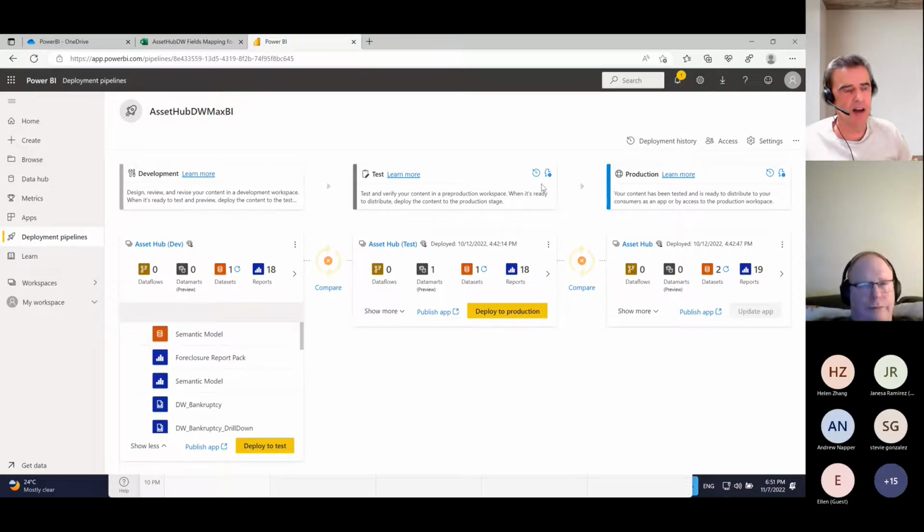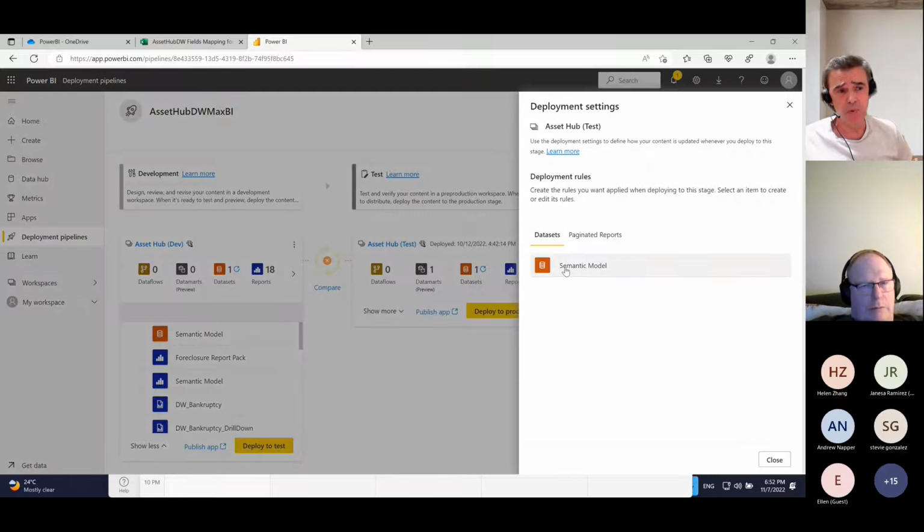Other than that, I love deployment pipelines because, as you know, the biggest hurdle of moving content from one environment to another is what? Changing the connection strings. I've got different database servers, different this and that. The good thing that I like about deployment pipelines is that you can go here and specify rules.